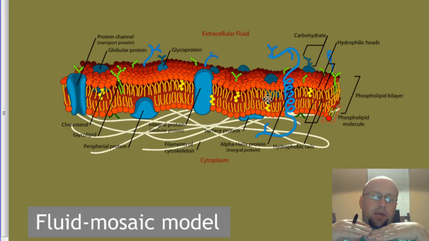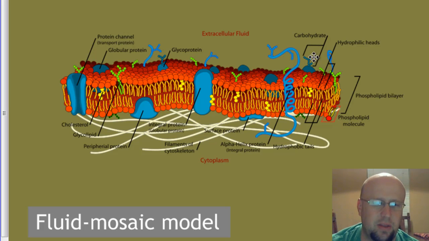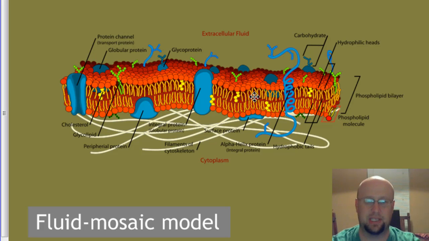Sometimes you get the example of bobbing for apples at Halloween, where a bunch of apples are sitting up on the surface of the water, and they have some room to move around each other. That's kind of the way the phospholipids are. They're still pretty tightly packed together, so they're not having gaping holes except for the stuff that you see here in the molecule. But they can move around a little bit, and that's the fluid mosaic model.